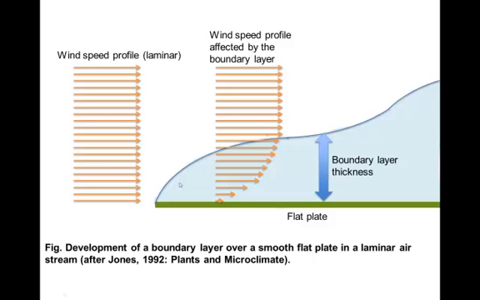Another important thing is that windward has almost no boundary layer development, and then it gradually increases as you go farther from the windward. So the leeward is always much thicker in terms of boundary layer thickness, in terms of boundary layer resistance for the gas exchange and heat exchange. That means the size of the plate is affecting boundary layer thickness and boundary layer resistance.